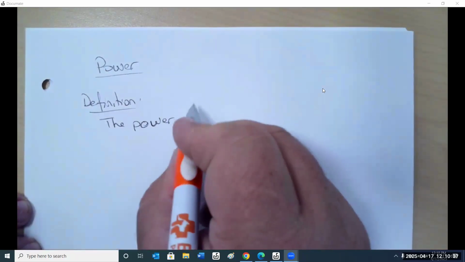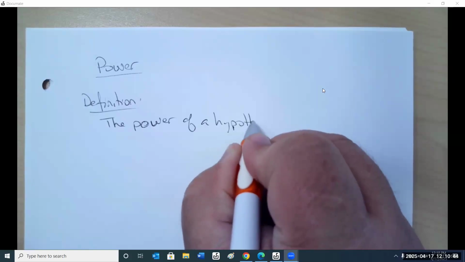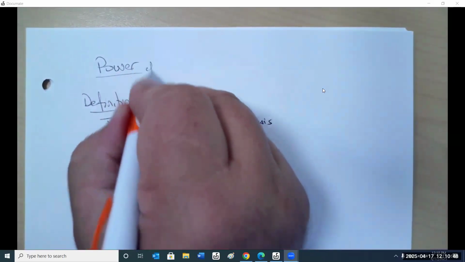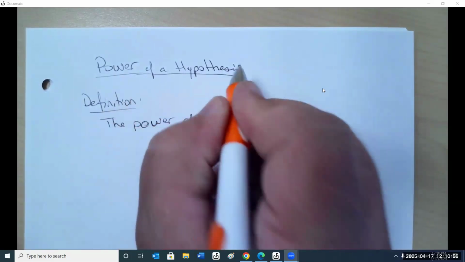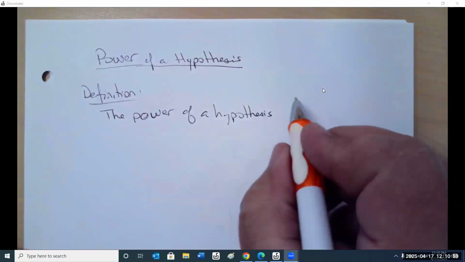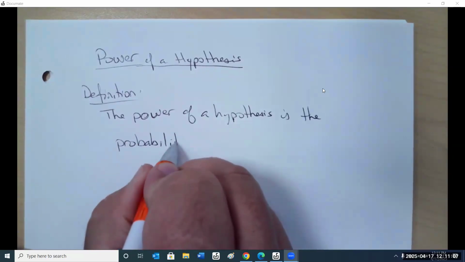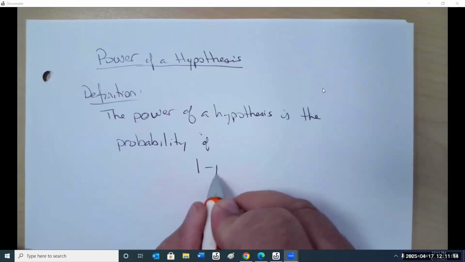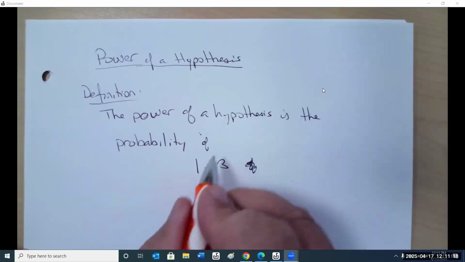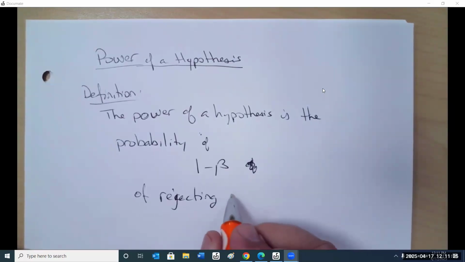The power of a hypothesis is the probability, 1 minus beta, of rejecting a false claim.